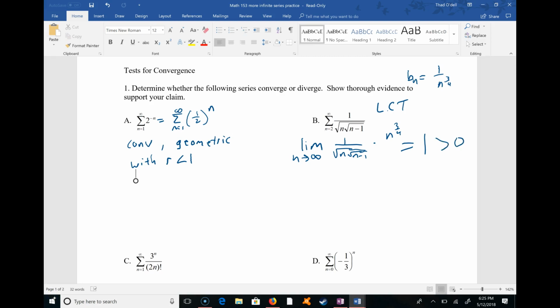then we can say that the summation of b sub n as n runs from 2 to infinity is convergent because p is less than 1. Whoops, sorry about that. It's divergent because p is less than 1.